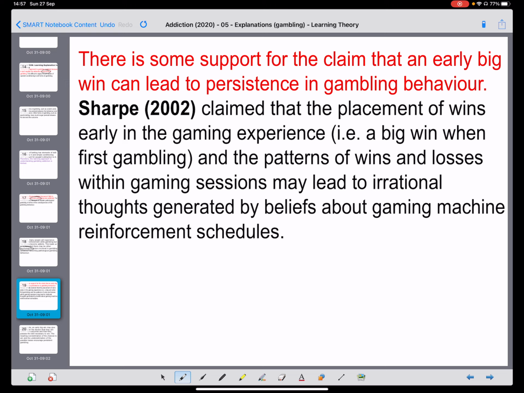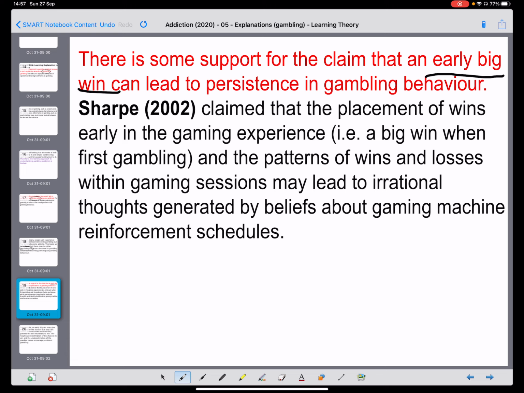It says here there's some support for the claim that an early big win can lead to persistent gambling behavior. So I'm partially saying this idea of initial reinforcement, but what you need to make clear to the examiner is that the big win is changing a person's thoughts and not actually reinforcing the gambling behavior.